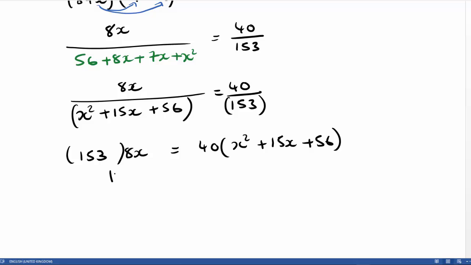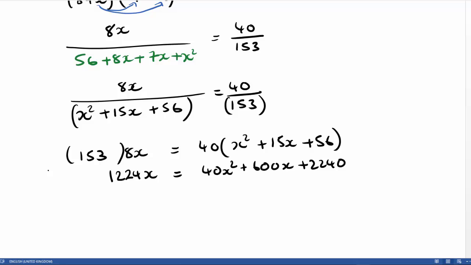This is going to give me 1224x equals 40x squared. So 40 times 15 gives me positive 600x, and 40 times 56 is going to be positive 2240.